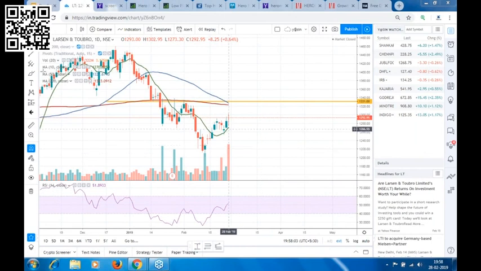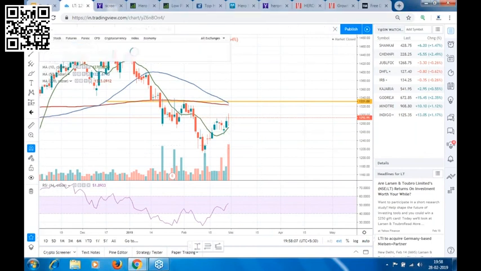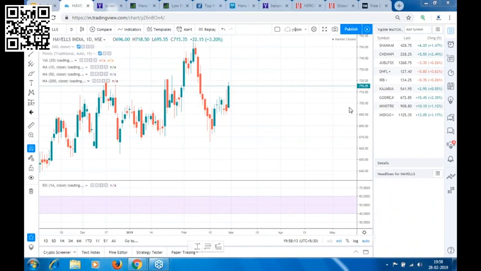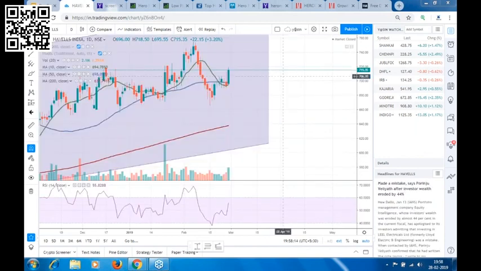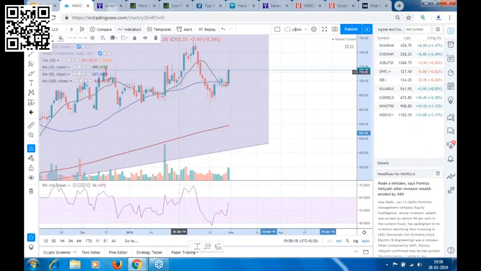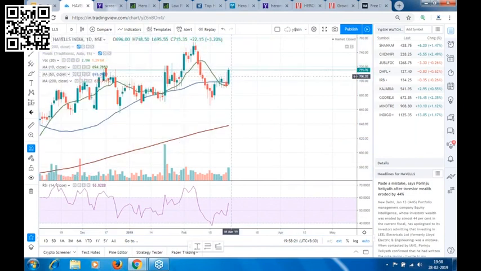Like if I give you the example of Havells, it was one stock that we gave on the Telegram channel, and I gave a buy about 705.